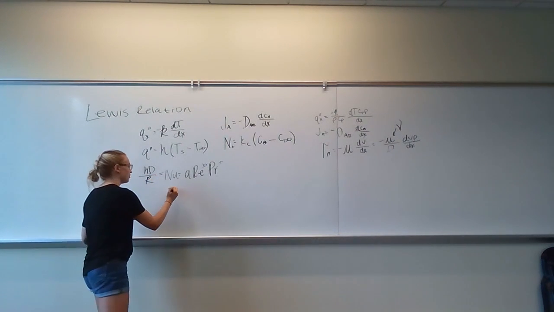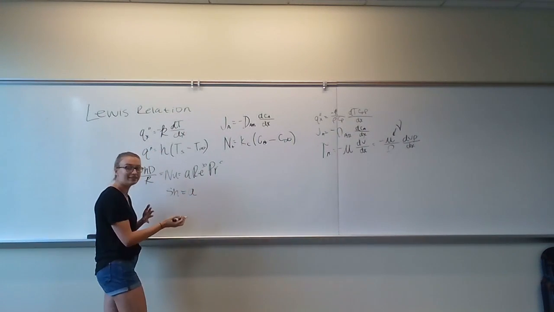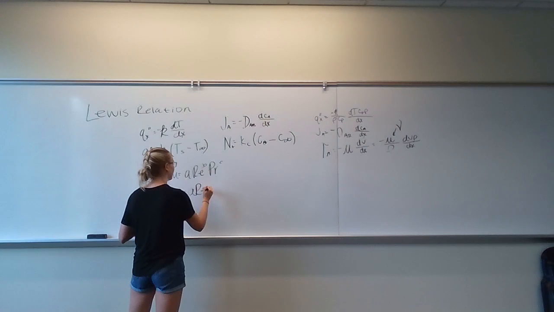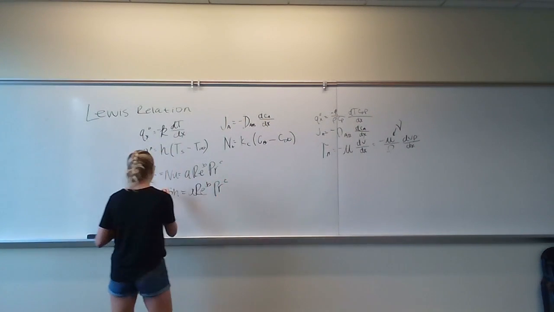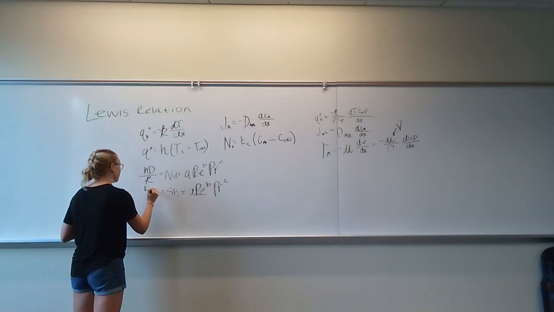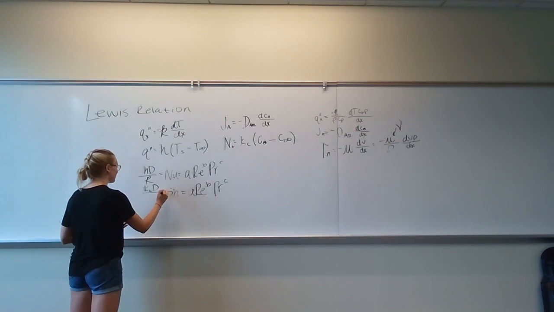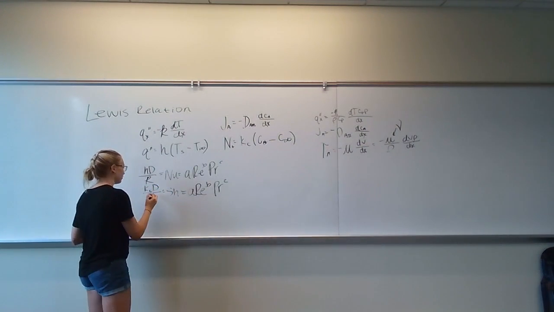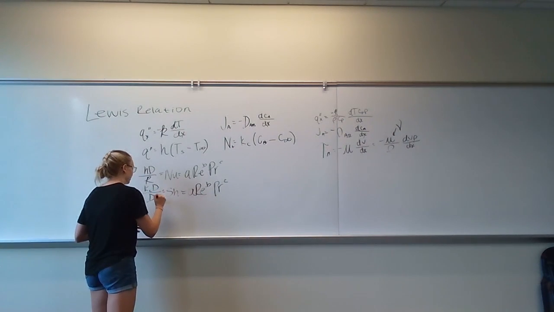We also know that the Sherwood number is equal to some coefficient A times the Reynolds number to some power B times the Schmidt number to some power C. And this is equal to the mass transfer coefficient times some characteristic length d all over the diffusion coefficient D_AB.